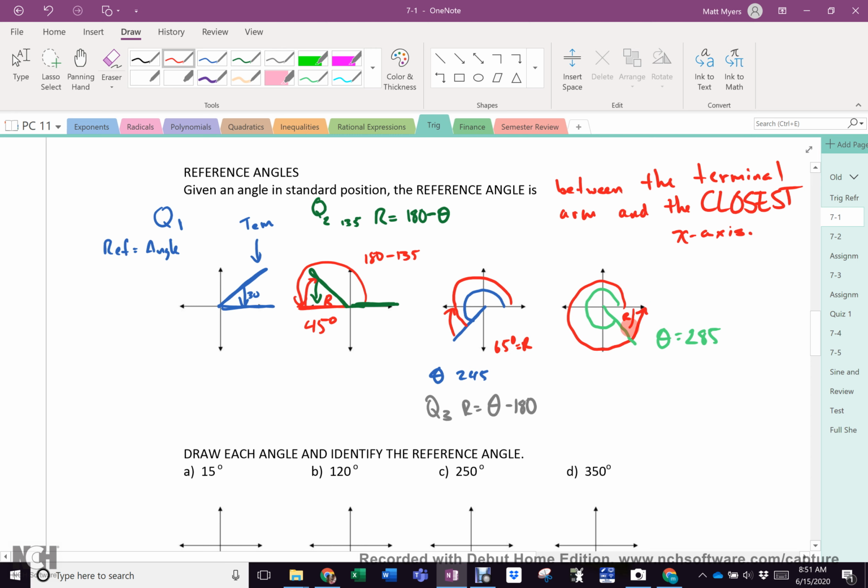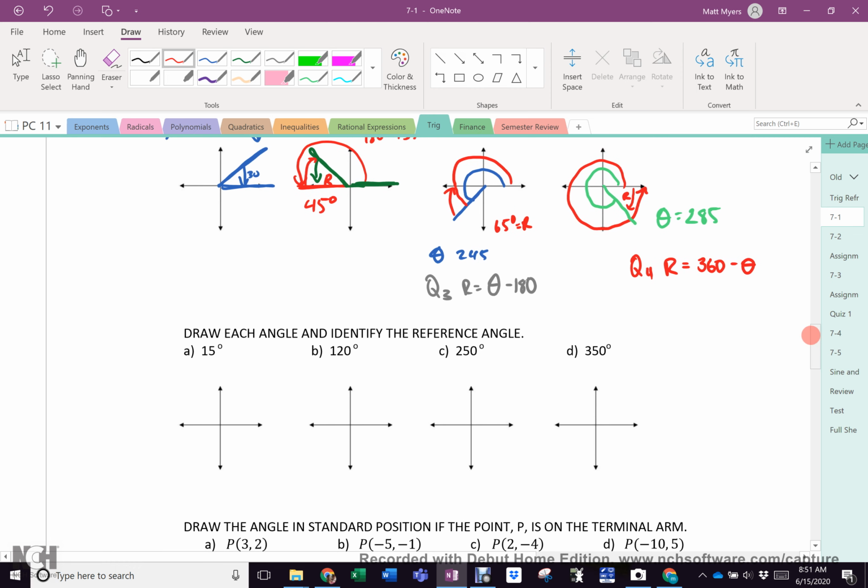But I'm taking away 285 of that. So in quadrant 4, reference angle equals 360 minus theta, which is 65.